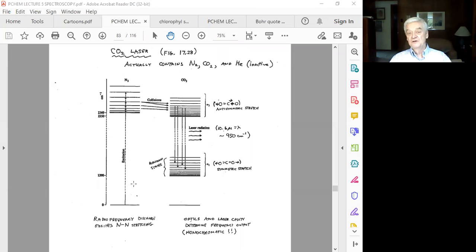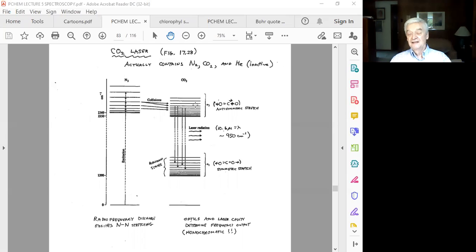So the chamber is full of CO2 also, and the N2 molecules can combine with the carbon dioxide, and the nitrogen vibrational frequencies, along with the rotational structure, coincide very closely with the antisymmetric stretching frequency of carbon dioxide. And so a collision just converts the nitrogen energy into the vibration of the carbon dioxide.